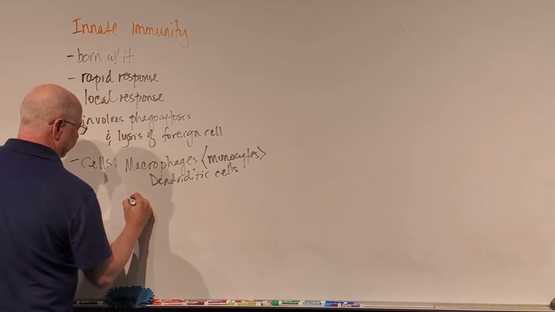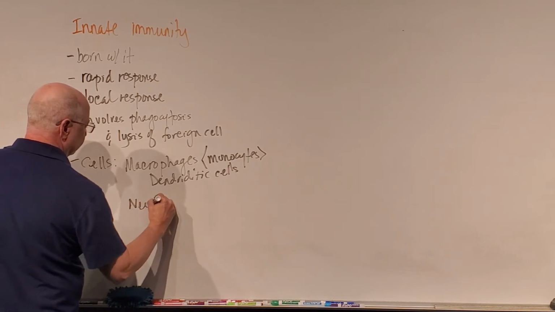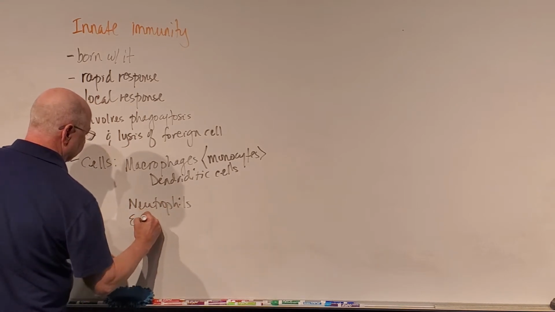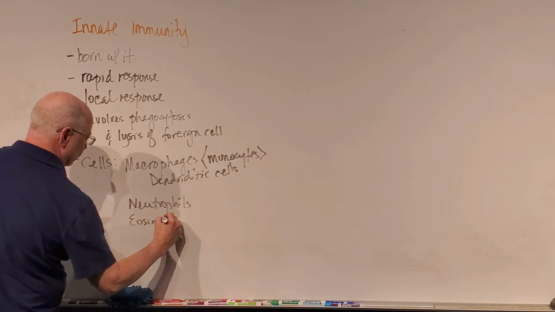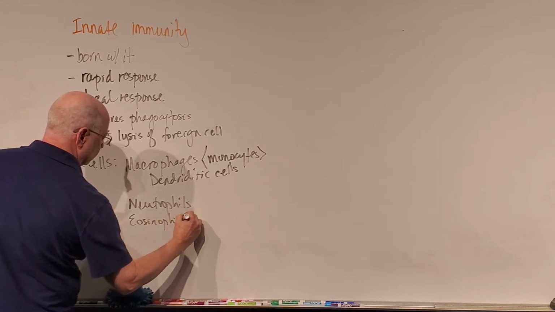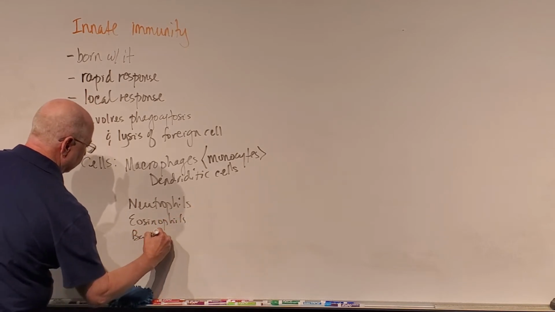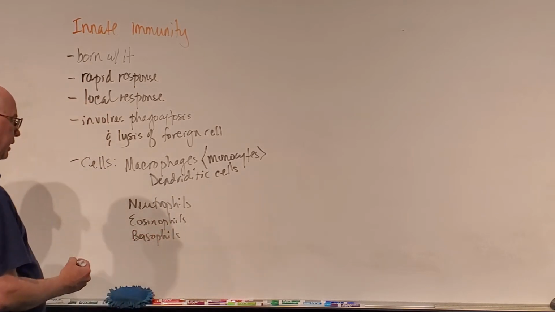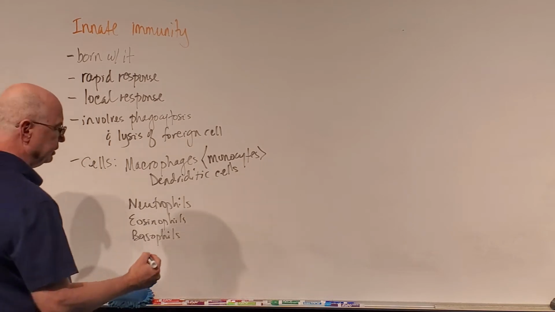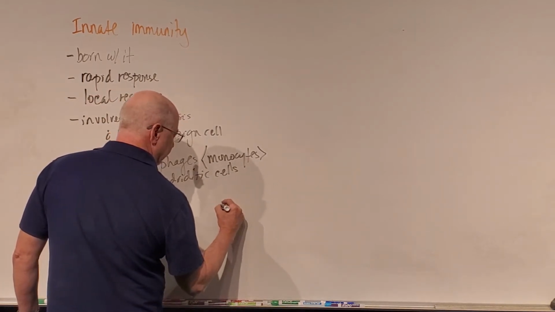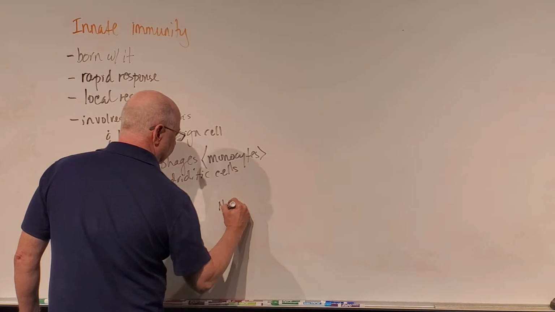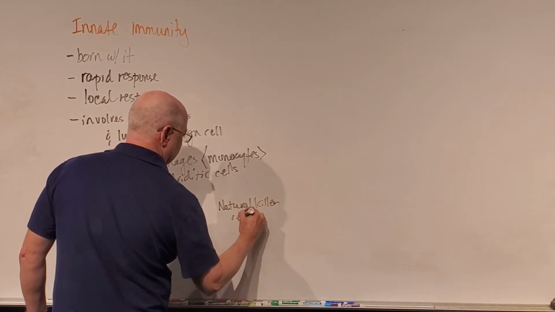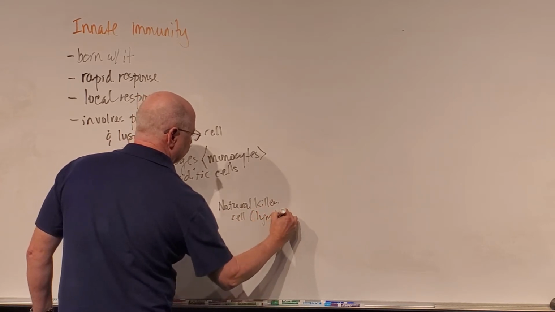In addition to macrophages, it involves neutrophils, eosinophils, and basophils. There's actually one type of cell that's related to a lymphocyte called a natural killer cell. They are derived from lymphocytes.